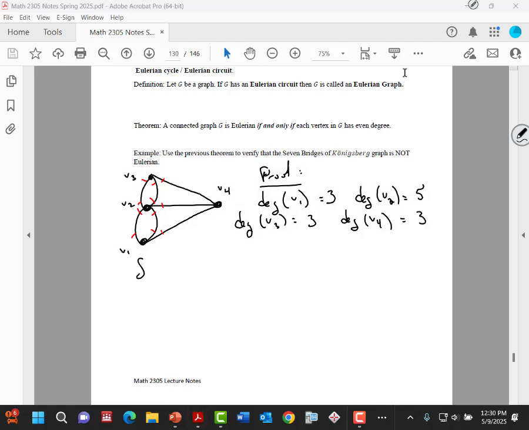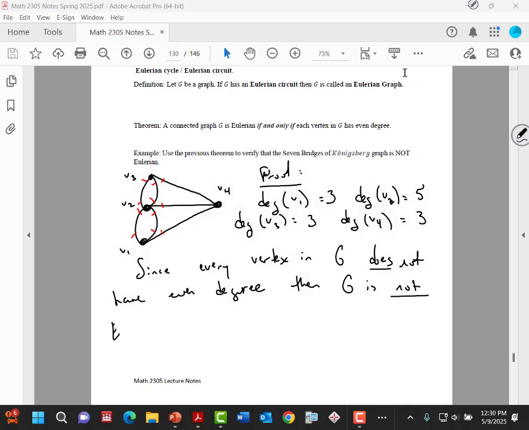Now, what are we going to conclude? Since every vertex in G does not have even degree, then G is not Eulerian.